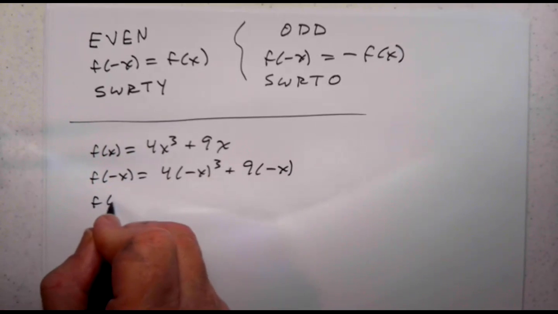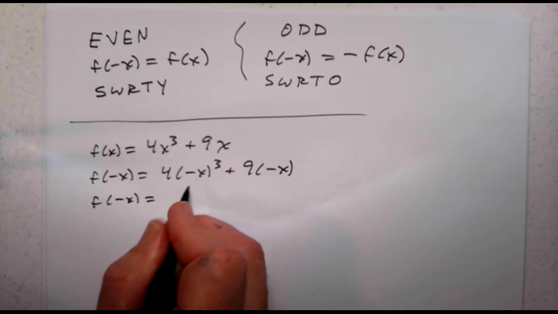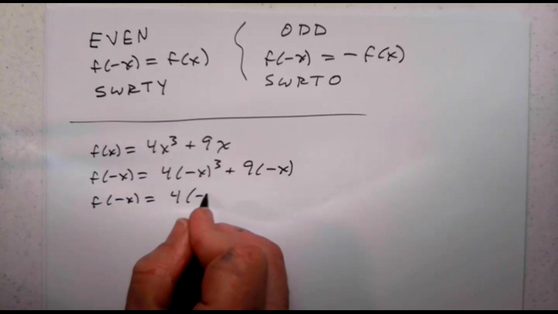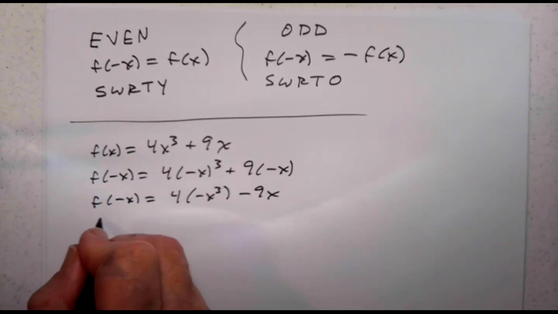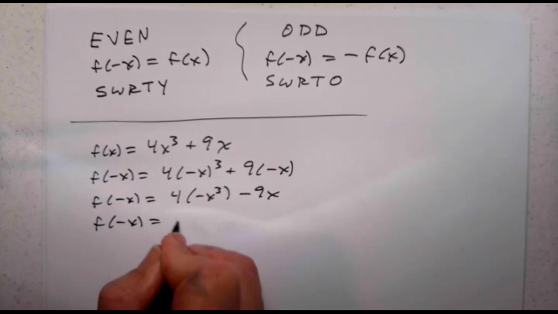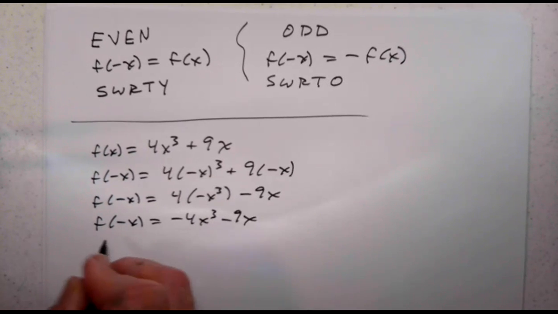What is that going to give us? Well, negative x times negative x times negative x is negative x cubed. Plus 9 times negative x is negative 9x. So f of negative x is negative 4x cubed minus 9x.